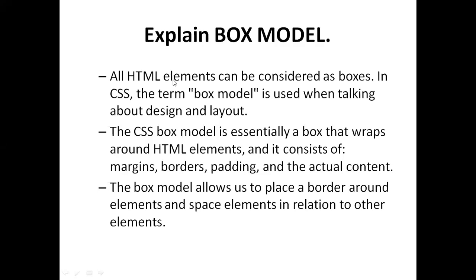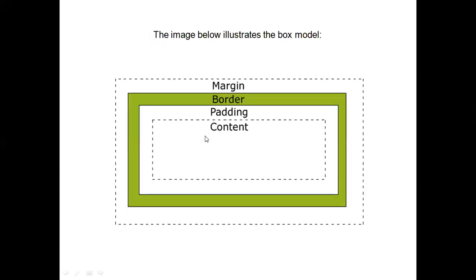We can see the model here, where four boxes are present. At the beginning there is a margin part, then some border parts, then some padding parts. Padding means the spacing, how much spacing is needed, and then the actual content.